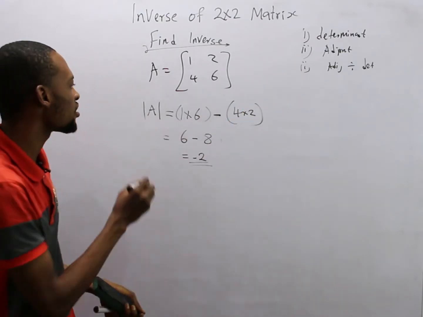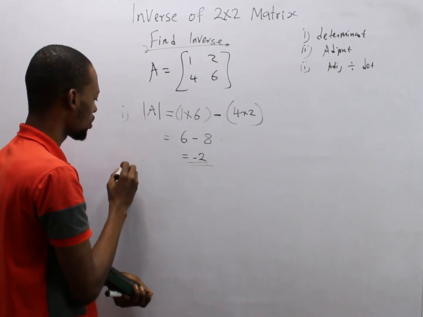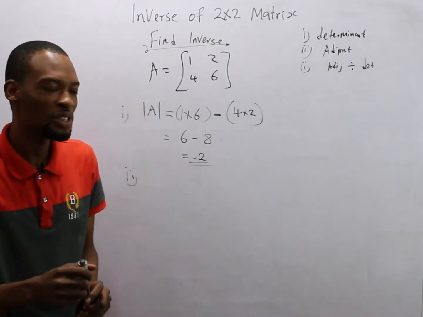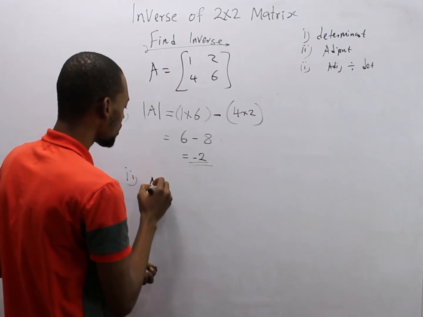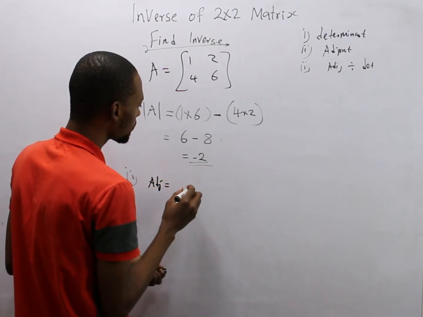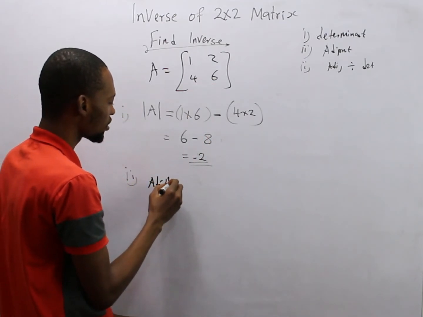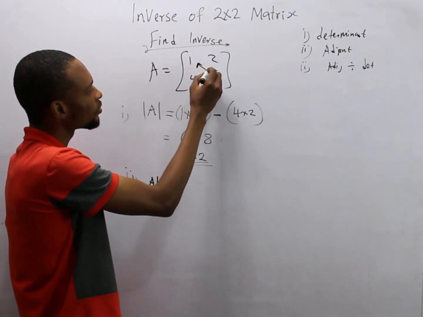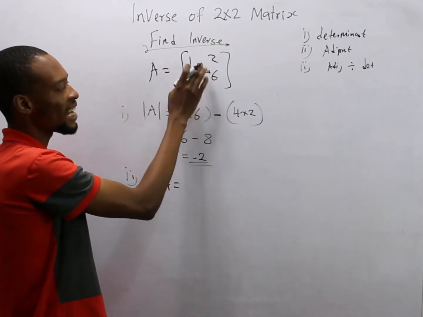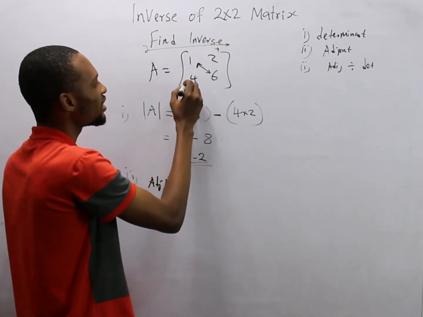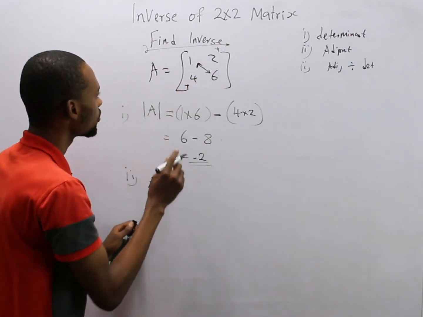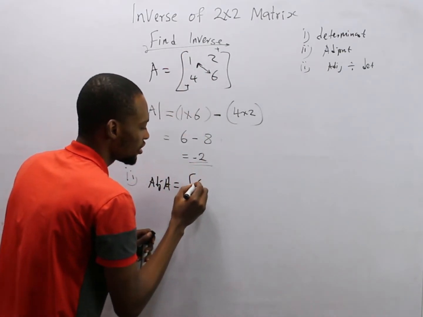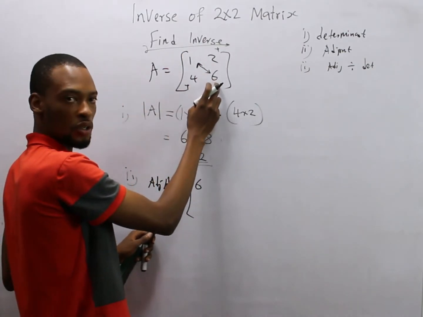Remember, the next step is the adjoint. To get the adjoint of a 2 by 2 matrix, simply use this wisdom. The adjoint of A is simply, see this guy, flip these guys, then make here negative and here negative. 6 goes up, 1 comes down.